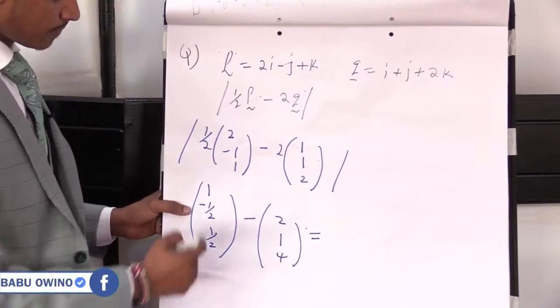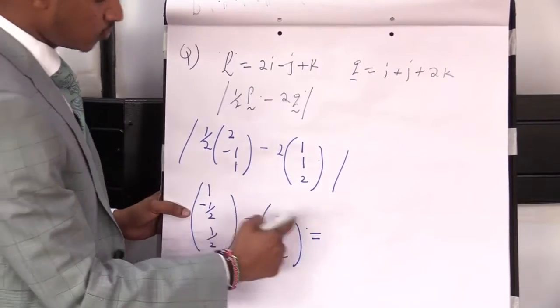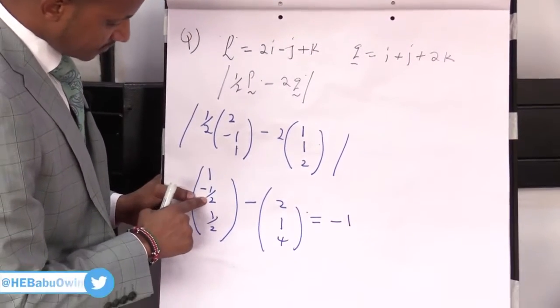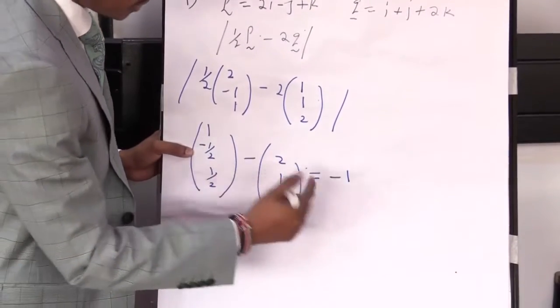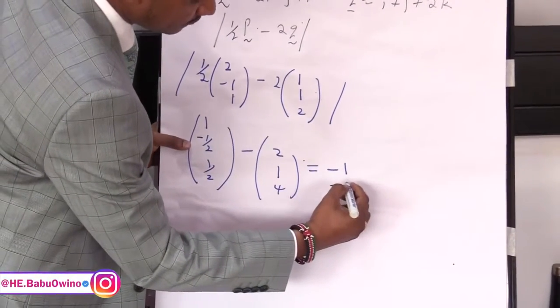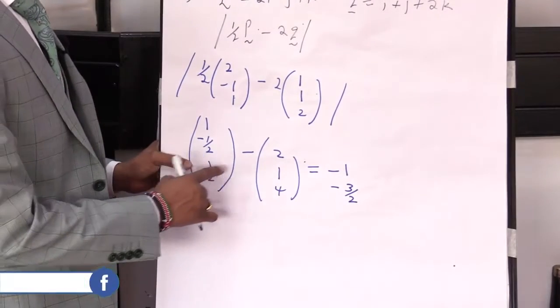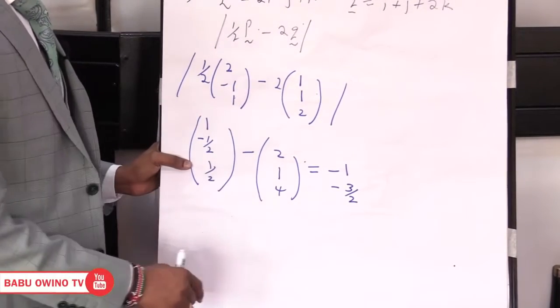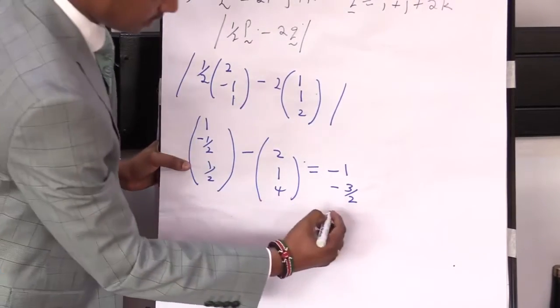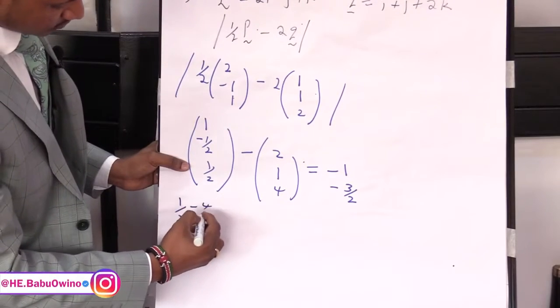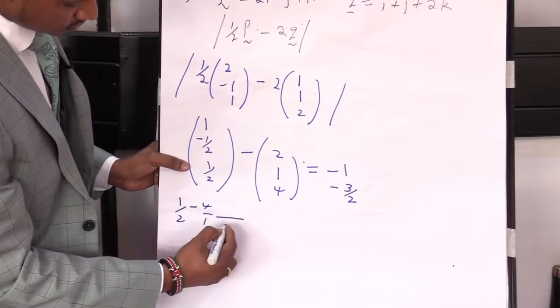So what do we get here? 1 minus 2 is minus 1. Then minus a half minus 2 is minus 2 and a half, which is minus 5 over 2. Then a half minus 4 is minus a half minus 4. You must be sure of your signs.